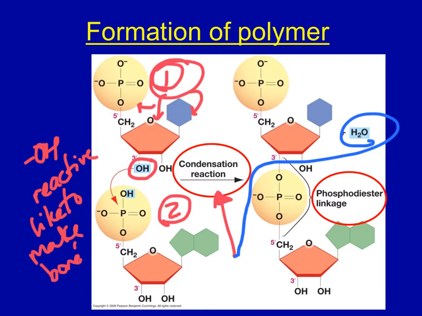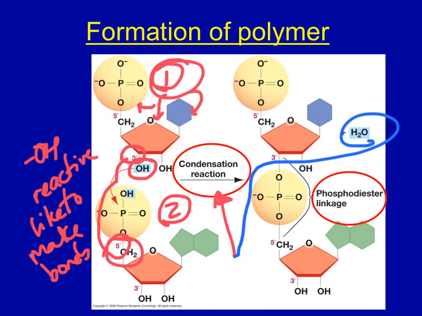And so this hydroxyl group can interact with the phosphate on the next nucleotide here, and what happens is that you end up getting a link between this 3' end to the 5' end of the next nucleotide.